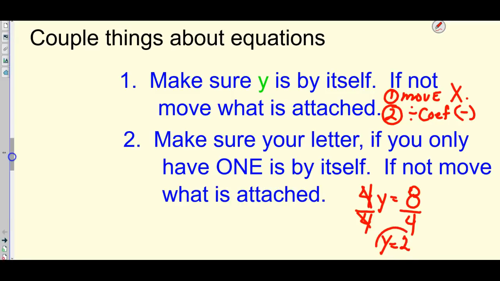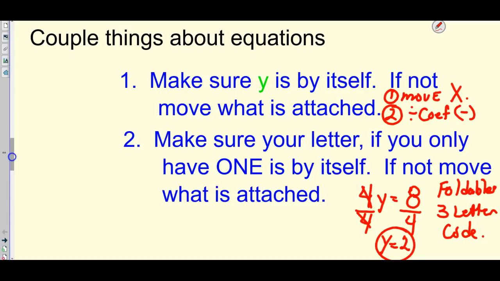This would come out to be 2. This is where the foldables come in with the 3-letter code. It's either going to be X or it's going to be Y, one of those two.